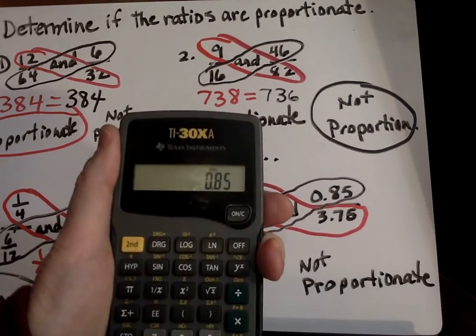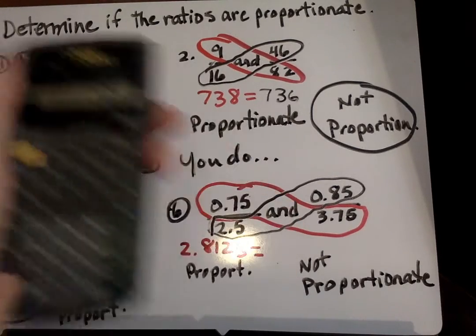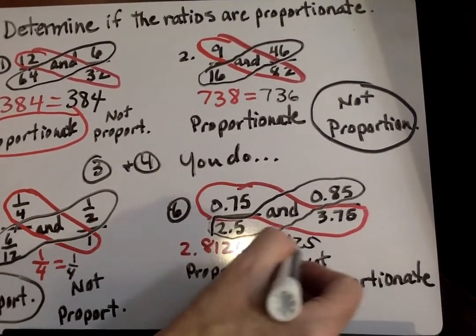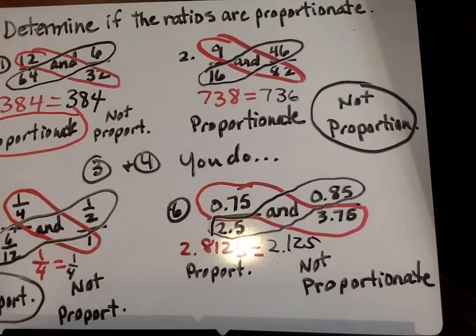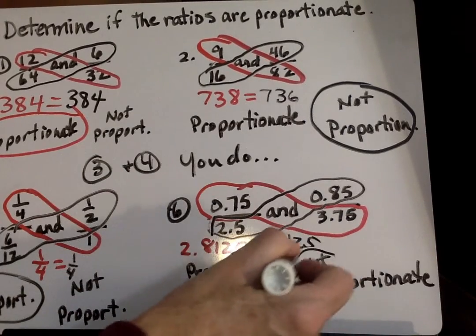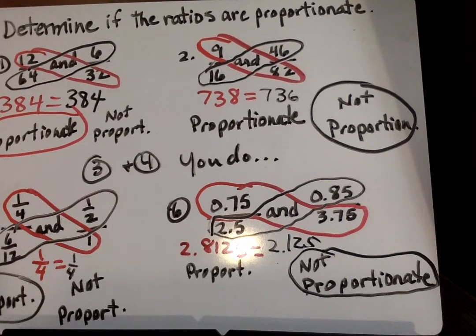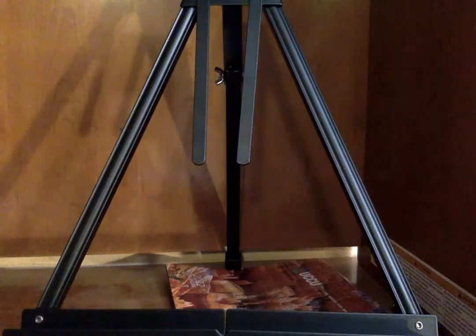Make sure you put the numbers in correctly. 2.125. Are these two numbers the same? Nope, so you circle not proportionate. Okay. Next.